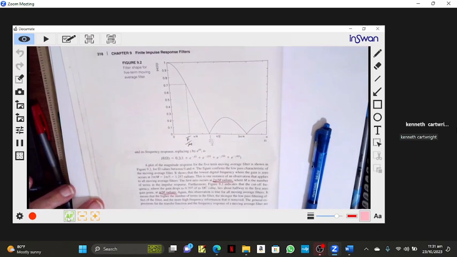What makes us say that? The cutoff frequency is the frequency at which what happens?